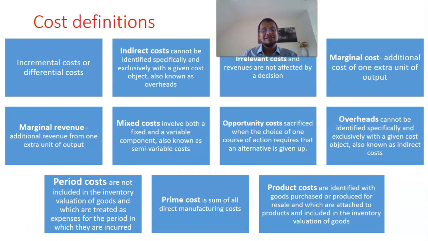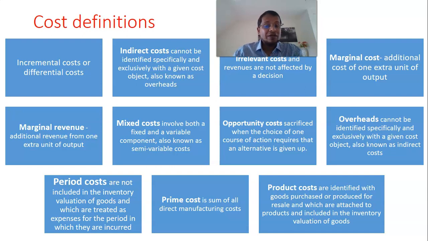So for using the money in the business, you are sacrificing the profit in the bank. The money that you are sacrificing in the bank is your opportunity cost. Or you can say second best alternative. You may have lots of alternatives, okay, 2, 3 alternatives. So the benefit that you are sacrificing is the second best alternative.